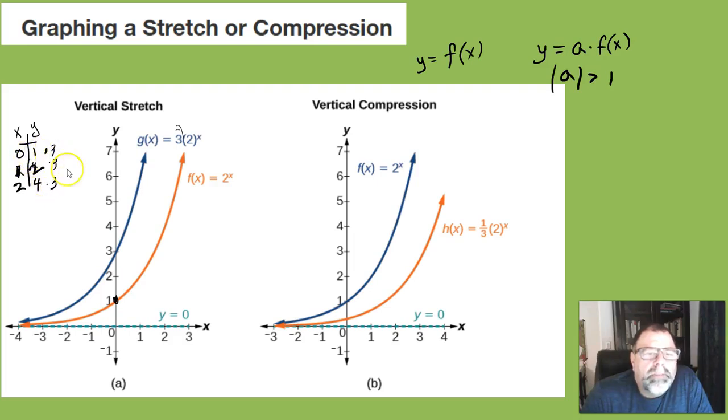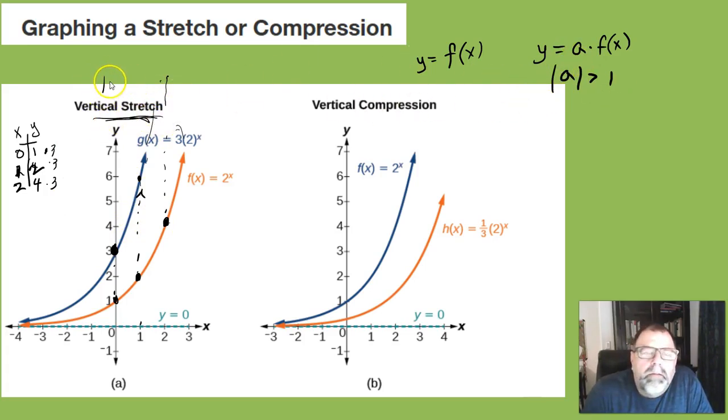So this is going to be 0, 3, which is right here, and then 1, 2 times 3 would get us to 6. So it's going to stretch it. And if we did 2, 4, and then the 4 times 3, this one will go way up to 12. So this will go way up there. All right, so that's a stretch if a is greater than 1.